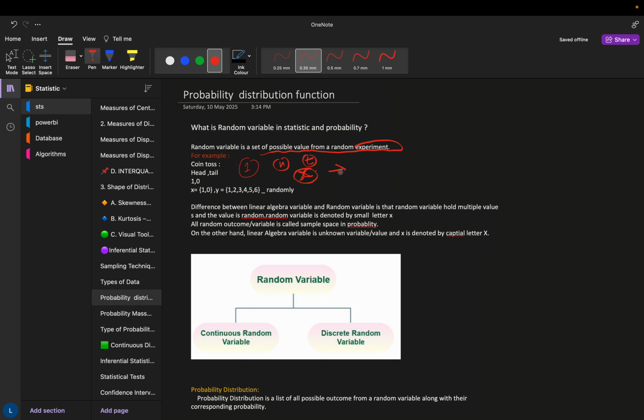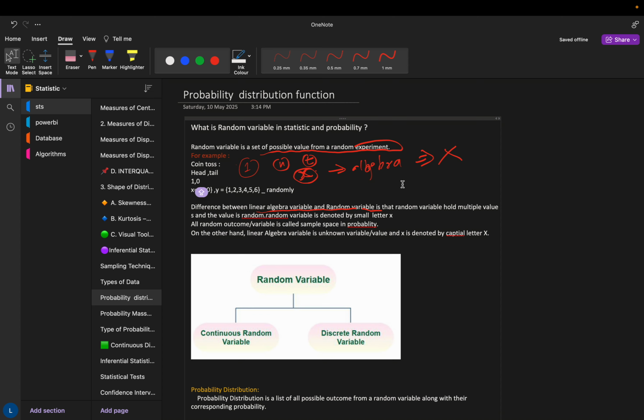But in case of algebra it is denoted by capital X. As we have already said, a linear algebra variable and a random variable differ in that a random variable holds multiple values.